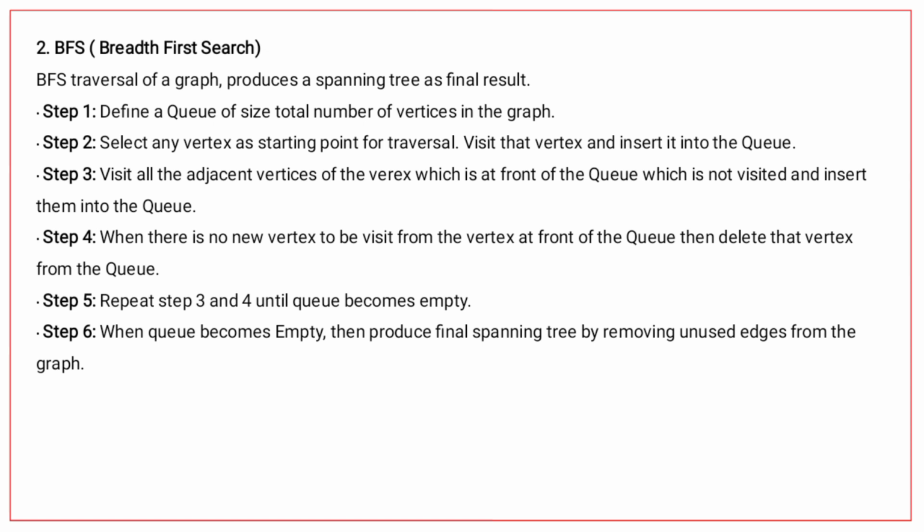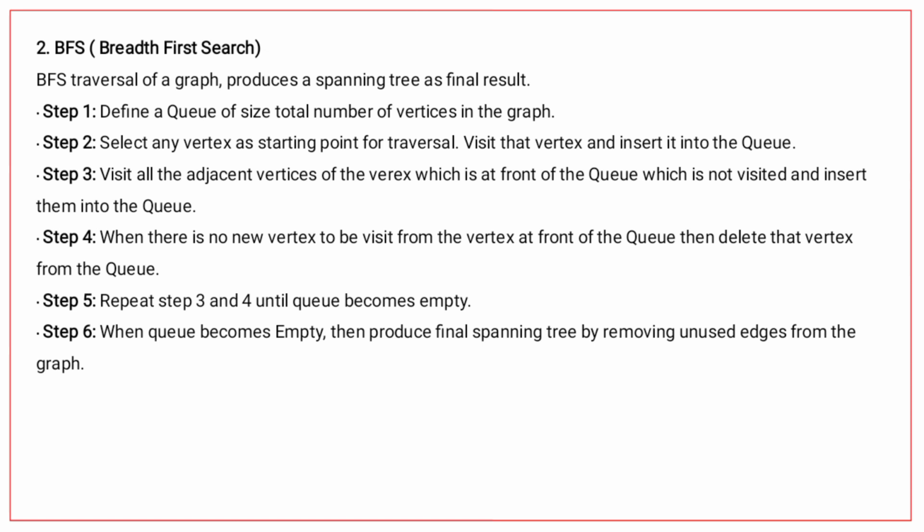Step 1. Define a queue of size total number of vertices in the graph. Step 2. Select any vertex as starting point for traversal. Visit that vertex and insert it into the queue. Step 3. Visit all the adjacent vertices of the vertex which is at the front of the queue which are not visited and insert them into the queue. Step 4.